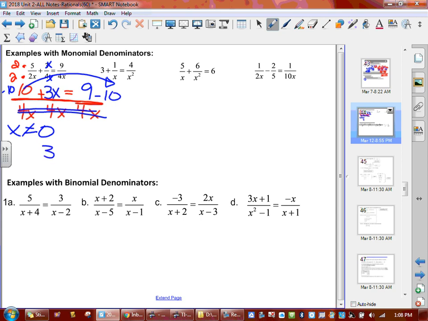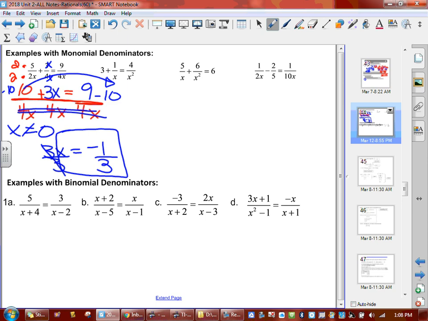That's going to give me 3x equals a negative 1. Now we're going to divide by the 3. So x equals negative 1/3.